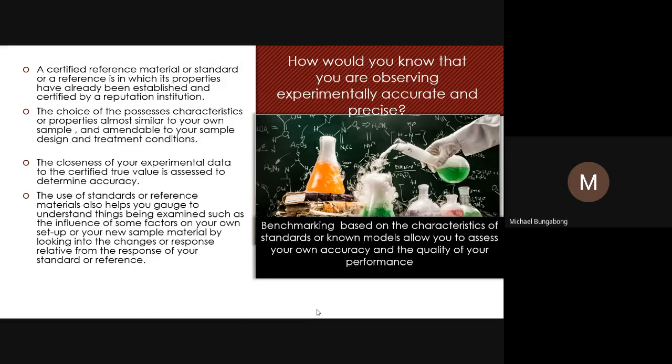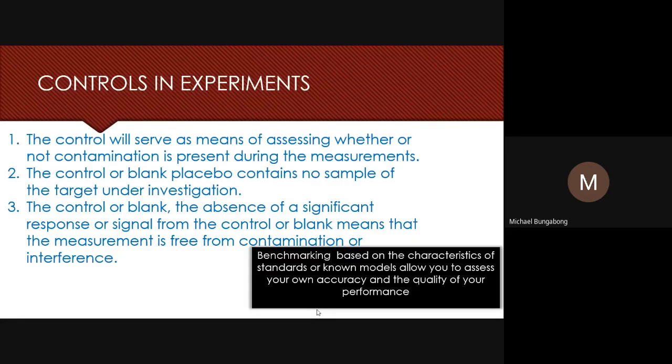Okay? So now, let's talk about controls in experiments. So control in experiments, what do you mean by that? Besides using standard, of course, and reference materials, a control always accompanies every experiment, diba?